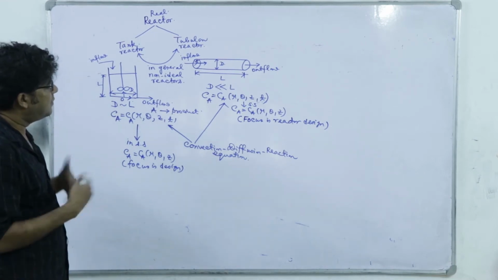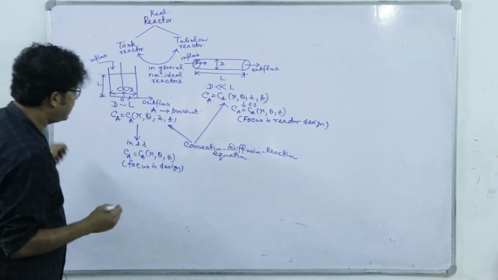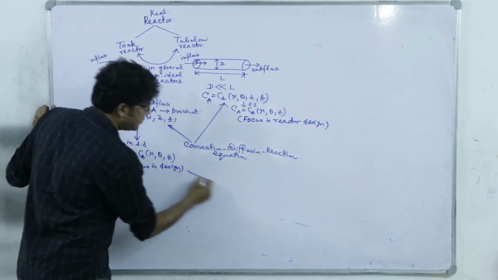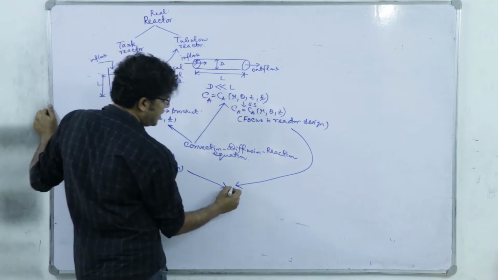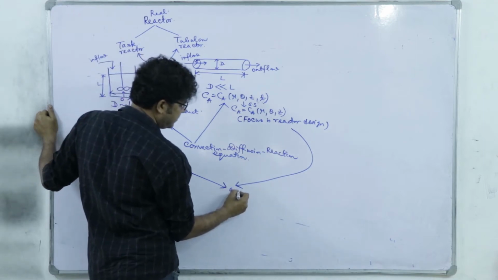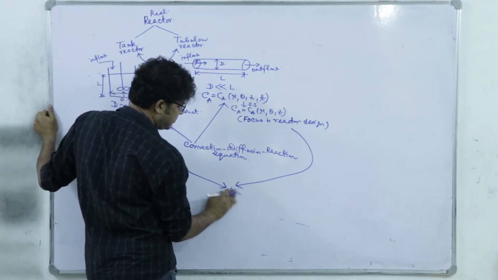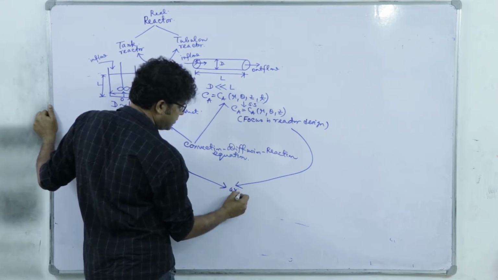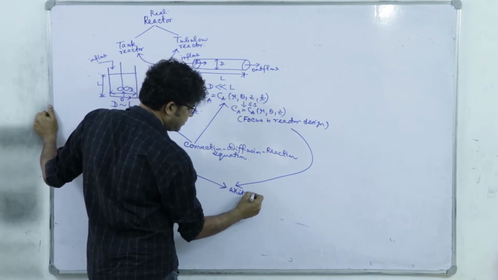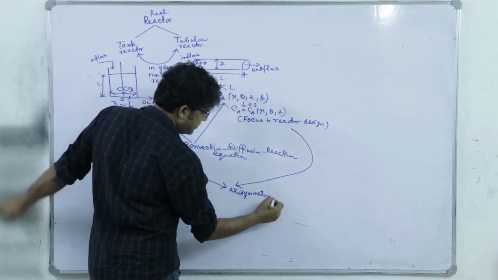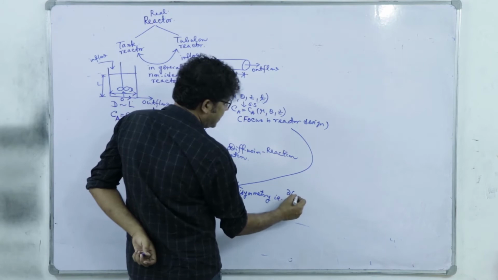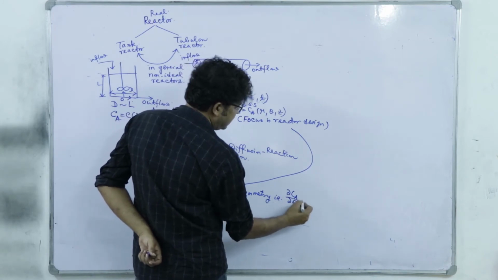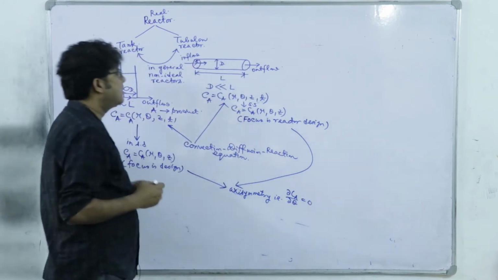So, we further try to simplify. First, what do we do? Axisymmetry. That is, del Ca del theta is 0, right.